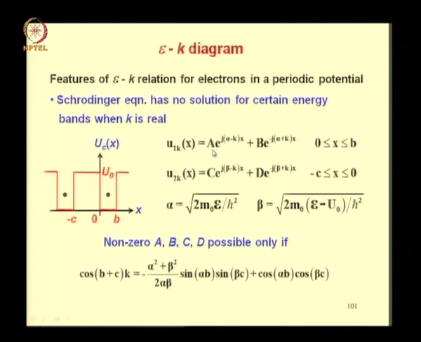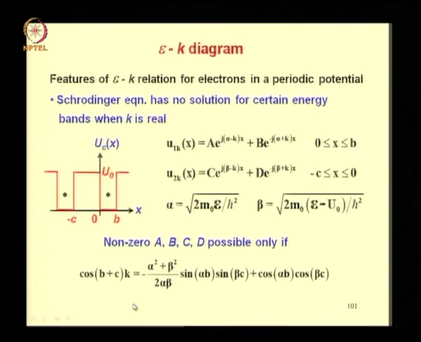You apply the boundary conditions that we have just talked about and write equations for A, B, C and D. Now in these 4 equations, if you want non-zero A, B, C, D, the only way it can be done is by getting this particular relation.